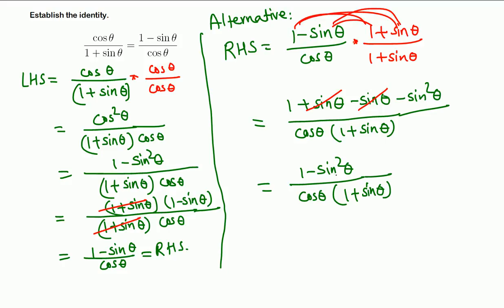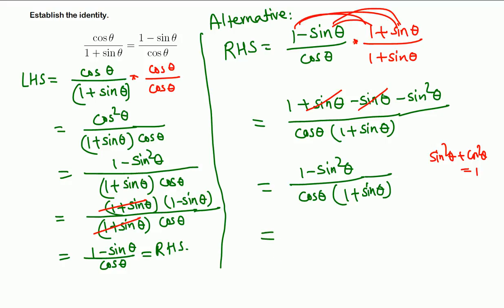By the way, 1 minus sine squared is the same as cosine squared, right? Because sine squared plus cosine squared is 1. If we subtract sine squared from both sides, we get cosine squared equals 1 minus sine squared.